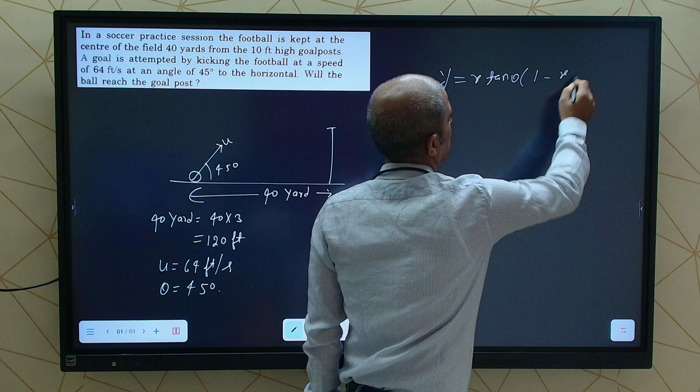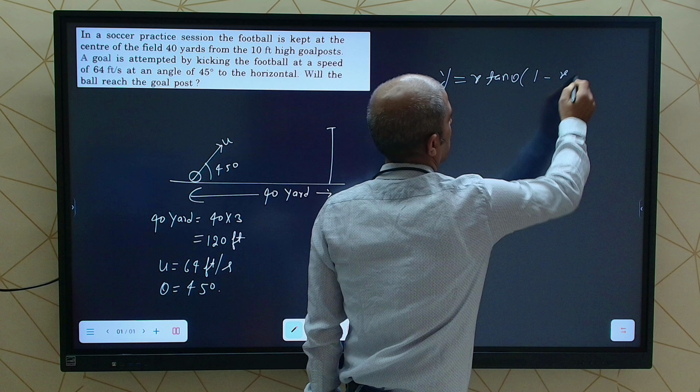So first we have to convert all the given parameters into the same system of units. We are going to take SI. So let us first convert 40 yards into feet. 40 yards is equal to 40 into 3, that is 120 feet, right?